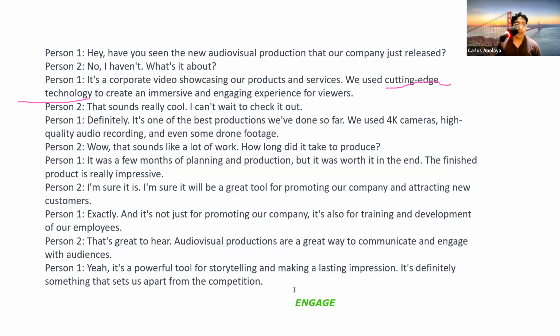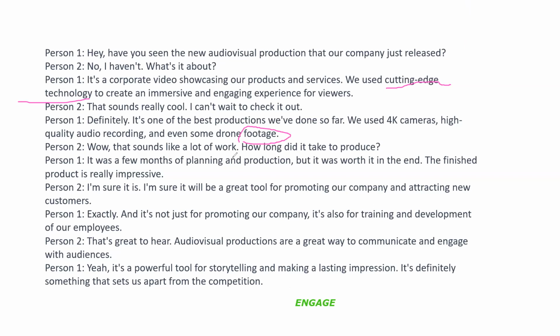Definitely quality audio recording, even some drone footage. Mary, what does footage mean in Spanish? Footage, like this one. Grabaciones.